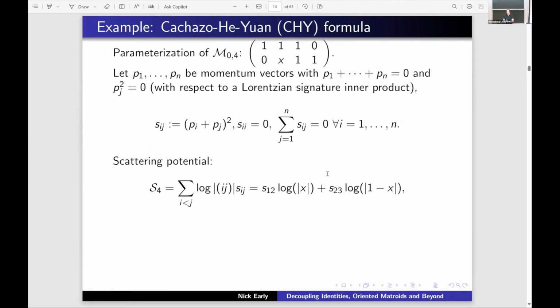So a quick example, I'm going to just show you how the machinery works. In the case n equals 4, there's 4 minus 3 equals 1 critical point, so it's really super straightforward. Here's our scattering potential. There's the Parke-Taylor factor, 1 over x minus 1 times x in the denominator.